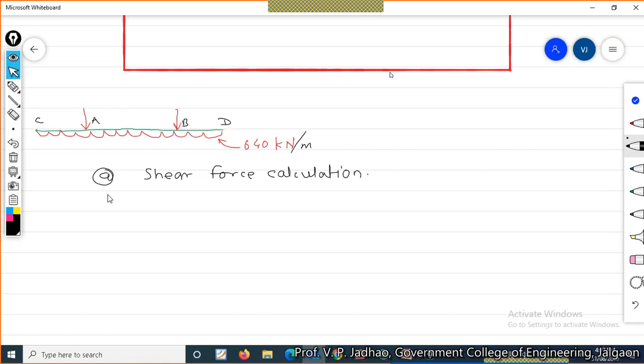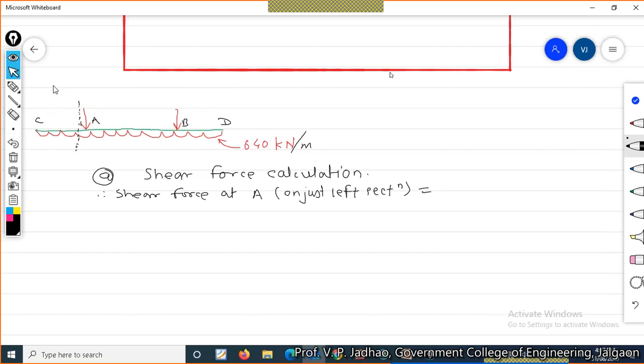Therefore first we'll take a section just on the left side of A. Therefore shear force at A, just left section. We are taking a section here and calculating the shear force.